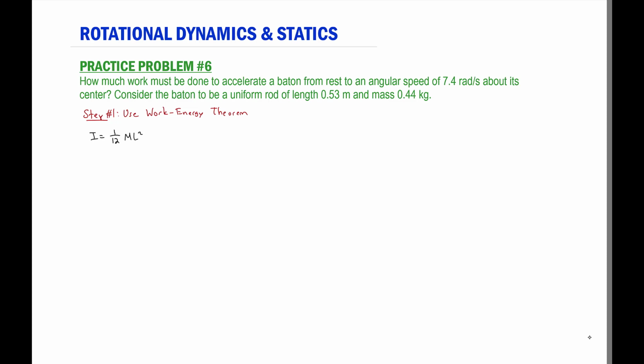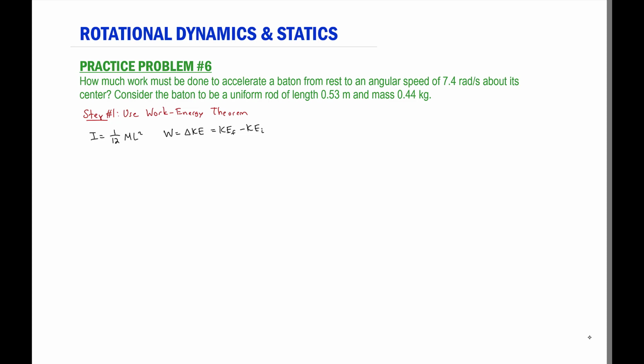Maybe we can use the definition for rotational kinetic energy. So we know that work is equal to delta KE, which is then equal to KE final minus KE initial. We do know the initial and final angular speeds, so that means we are able to solve for delta KE, and we can use the work energy theorem to solve for the work involved.